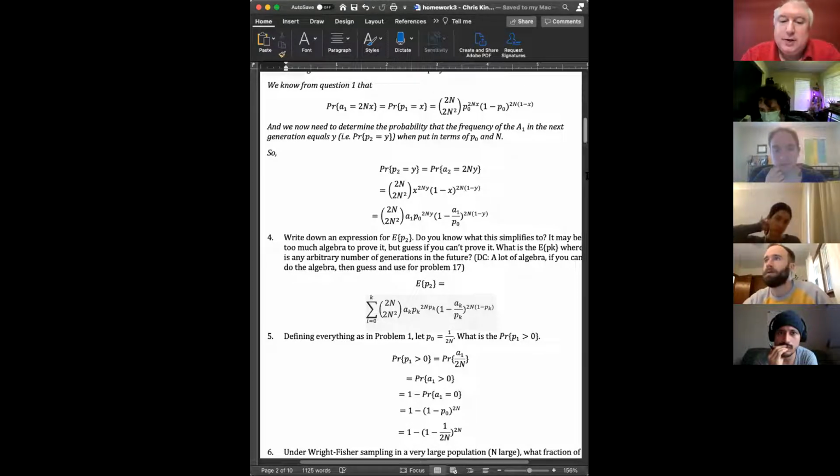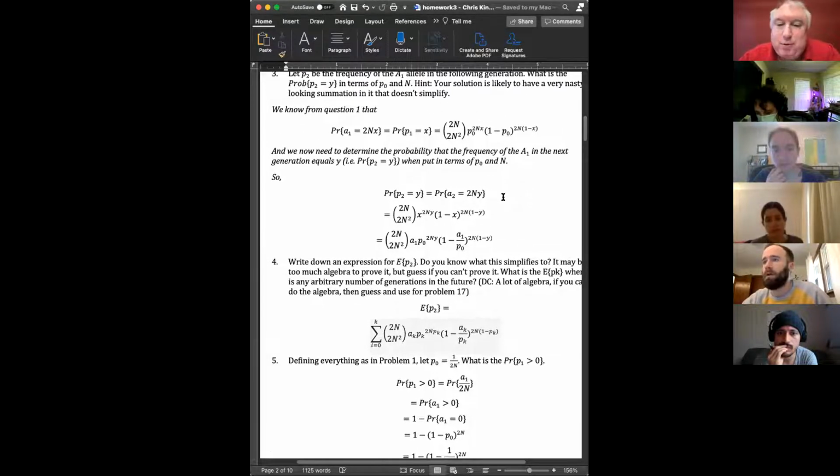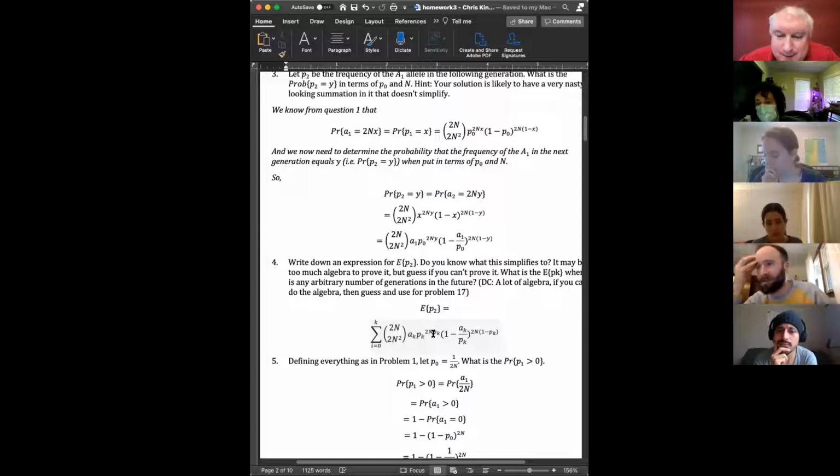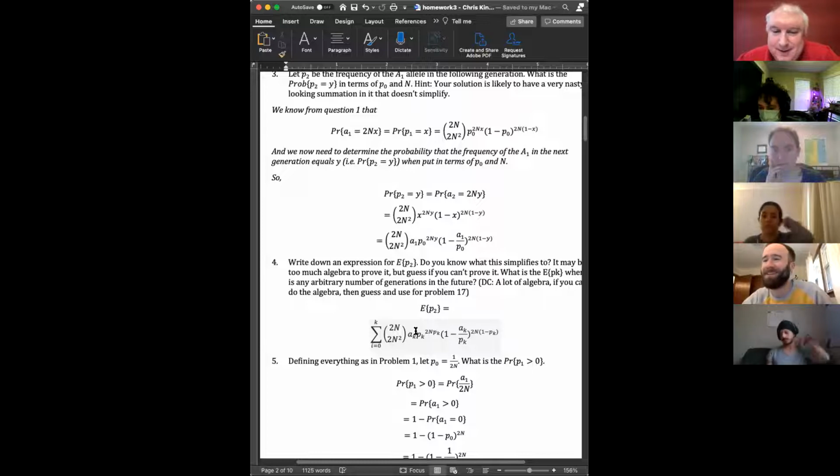So you had a probability in problem 3 that is not correct, but interesting. Okay. After using that incorrect formula, I was trying to do this summation thing because I know that was a hint that you had given.